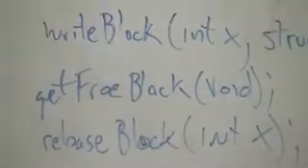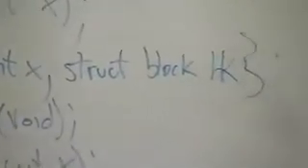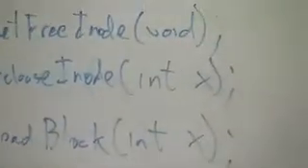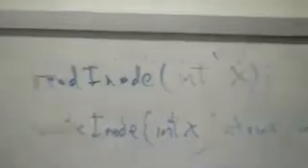Now, there's a subtlety here. Blocks have more than one purpose, don't they? Yes, because it could be either way. So, in addition to struct block read block int x, I need to have its indirect counterpart, don't I? And what would that look like?